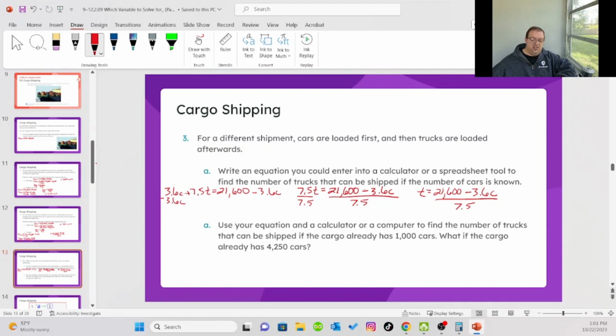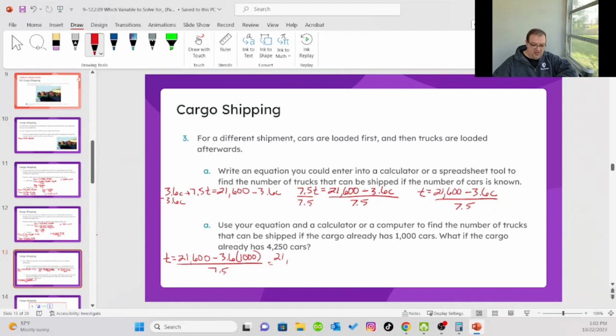Use your equation and a calculator or a computer to find the number of trucks that can be shipped if the cargo already has 1,000 cars. So T equals 21,600 minus 3.6 times 1,000 divided by 7.5.